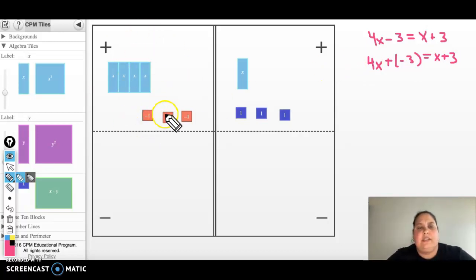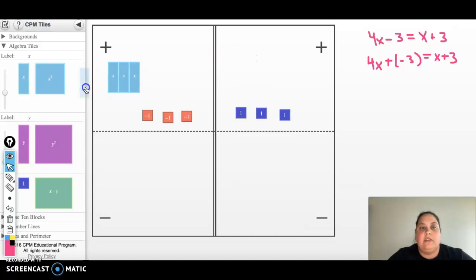Our next thing is removing 0 pairs. Well, if we look at this left side, there are no 0 pairs. If we look at this right side, there are no 0 pairs. So I don't have to worry about that in this problem. My next step, though, is I want to take any like terms that are on both sides away. So remember, if I have an x on this side and I have an x on this side, I can take those 2 away.